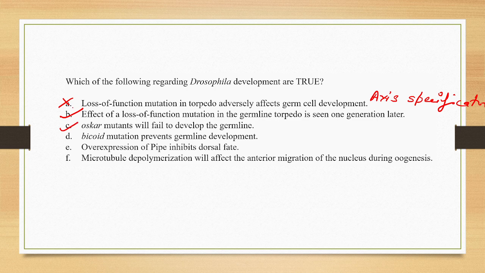Then, bicoid mutation prevents the germline development. No, see, bicoid is involved in anterior to posterior axis formation, just like torpedo. So bicoid does not directly prevent the germline development. That is dependent on other factors. Germline development can be affected by Oscar and, to some extent, nanos.